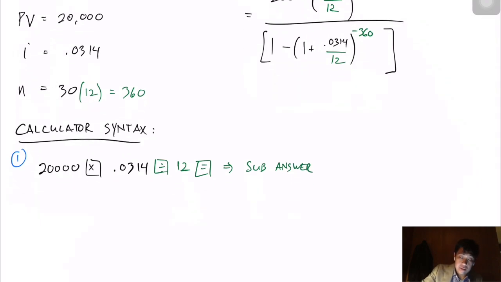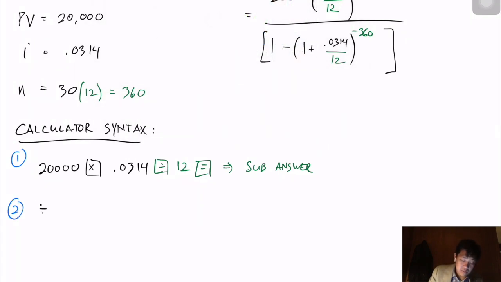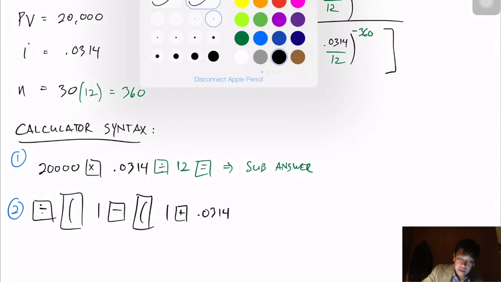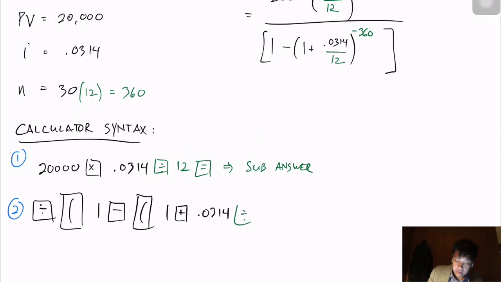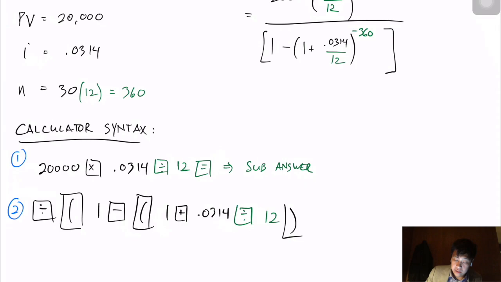And then the second step, again, remember, don't clear the answer. You're going to reuse it. Divide symbol. You need to open the first set of parentheses, 1 minus, another set of parentheses, 1 plus 0.0314, divide by the compounding period, close your parentheses, and I'm going to do the same thing here.